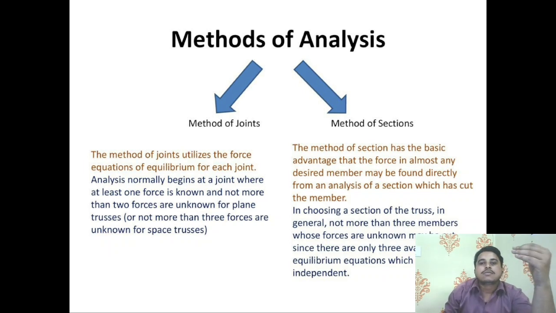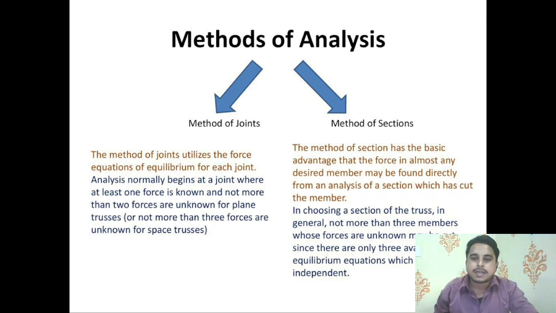Otherwise, if the structure or truss or frame consists of a numerous number of members, which cannot be evaluated by method of joint, because method of joint itself is a joint to joint technique to find the forces, whereas method of section is a shortcut method to find forces over a specific member.